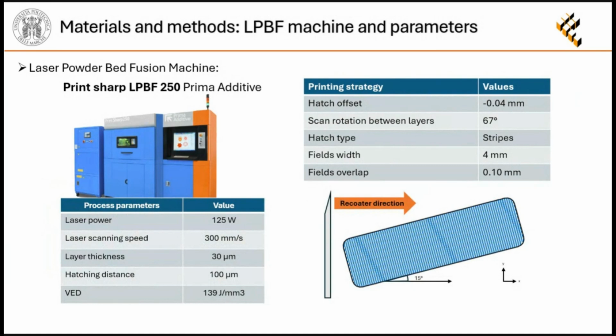The specimens were printed using a strategy that consists of first doing a contouring, and after the infill with a strategy of stripes with a stripe width of 4 millimeters and an overlap of 0.1 millimeters.